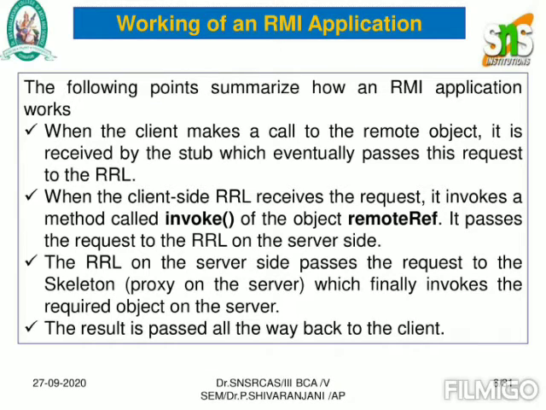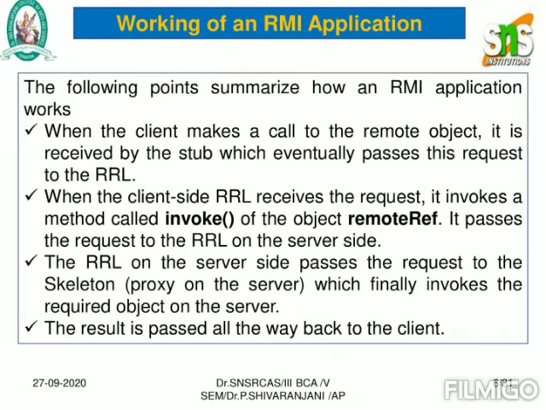It passes the request to the RRL on the server side. The RRL on the server side passes the request to the skeleton on the server, which finally invokes the required object on the server. The result is passed all the way back to the client. So this is the working architecture of RMI applications.